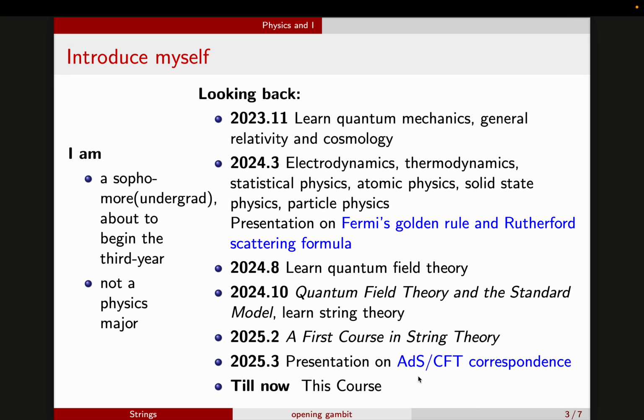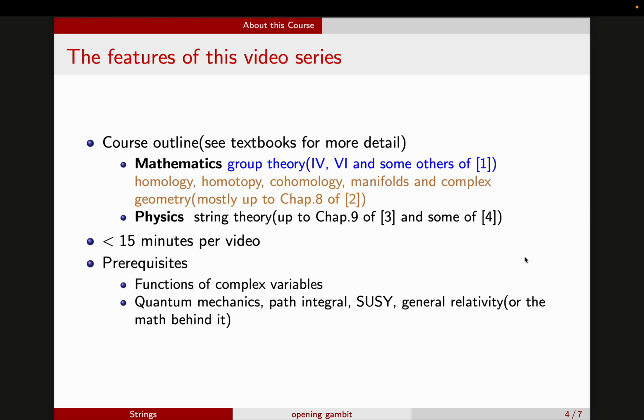I spent the first 3 months reading all the books I'm going to use in this course, and the other 2 months rereading those books and preparing for this course, like making the PowerPoint. So this is about the 2-year saga of my physics learning history, and I think it naturally brings us to the next topic, which is the structure of this lecture, of this course.